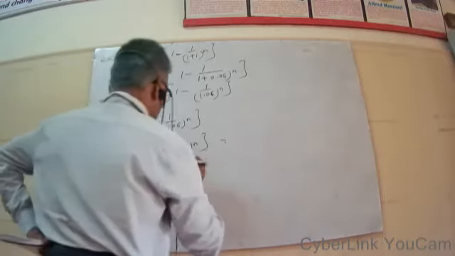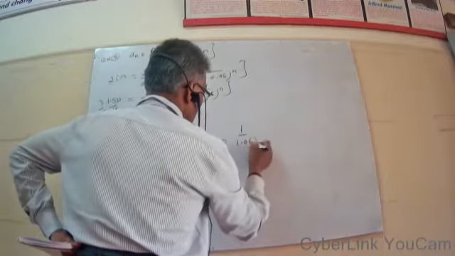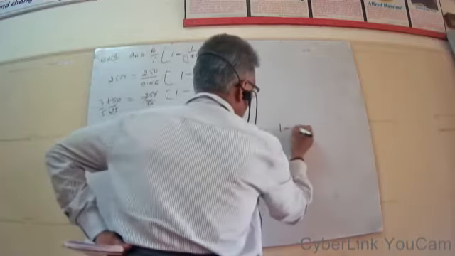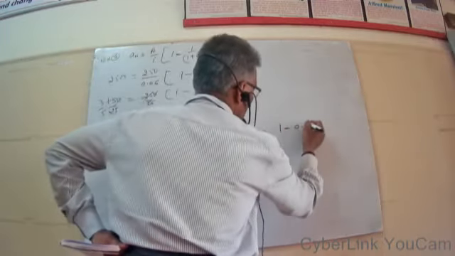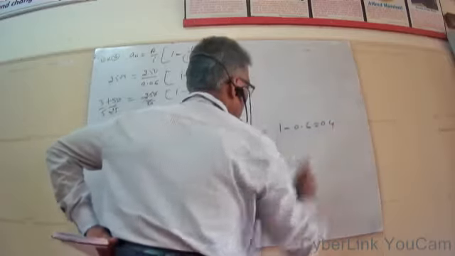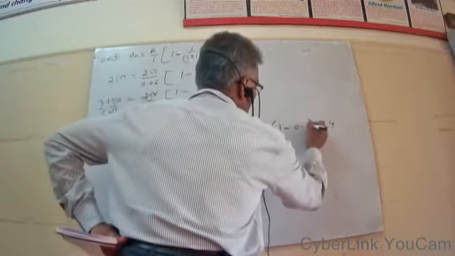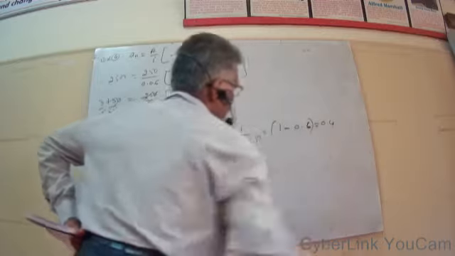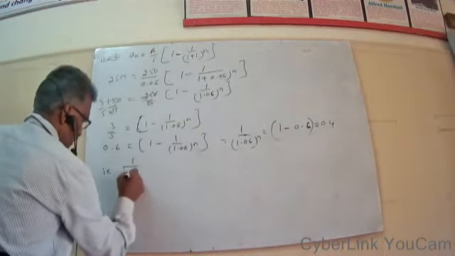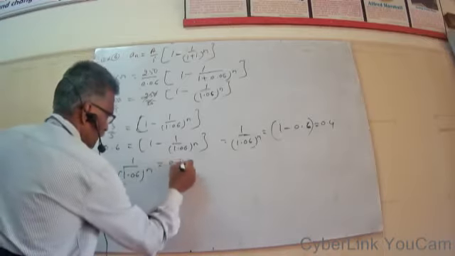That implies 1 upon 1.06 raised to n equals 1 minus 0.6, which equals 0.4. So 1 upon 1.06 raised to n equals 0.4.